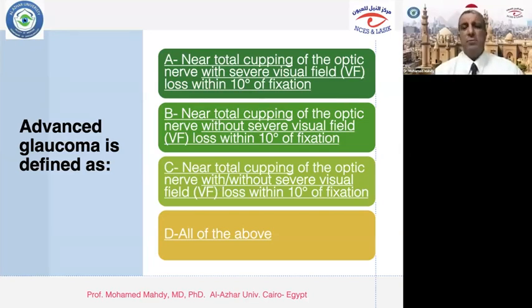But the most important point to clarify is that the definition of advanced glaucoma is those with near total cupping of the optic nerve head with or without severe visual field loss, as sometimes some cases of normal pressure glaucoma present late with advanced visual field damage, despite the fact that they lose a lot of the optic nerve head and the retinal fibrillar layer earlier in the disease.